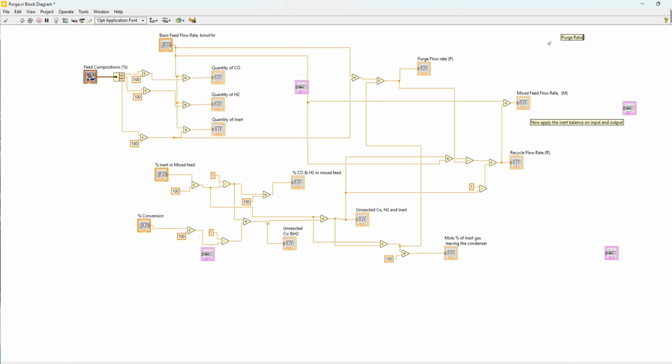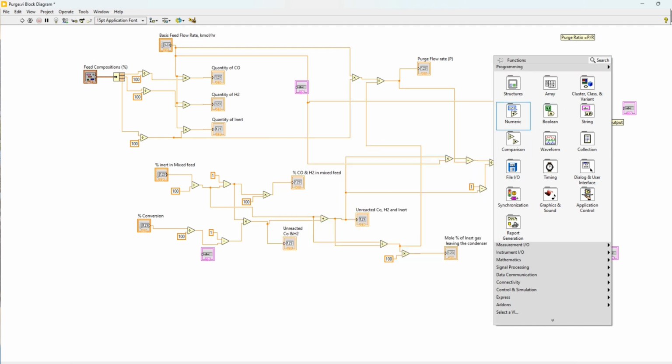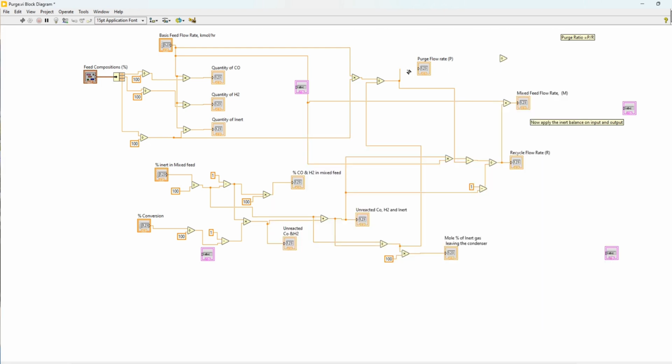Purge ratio, this is nothing but P divided by R. So for that, this is P, so we have to choose this is P and this is R. So this is the purge ratio.